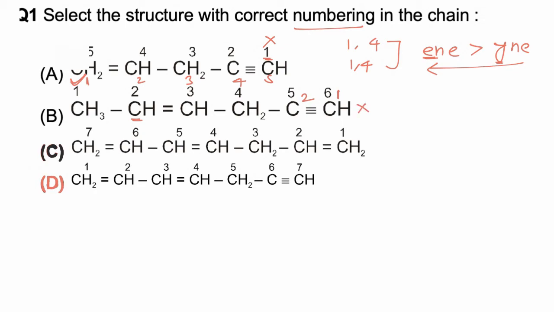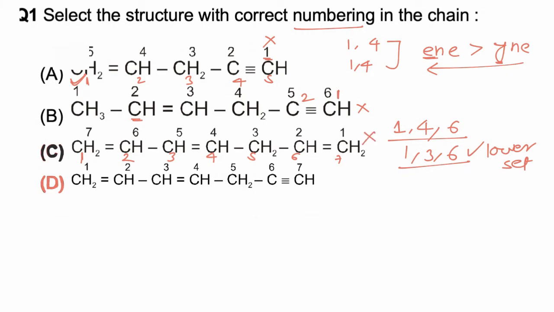In option C, if numbering is done from the right end, then the positions of the multiple bonds are 1, 4 and 6. If numbering is done from the left side, then the positions are 1, 3 and 6. Now 1, 3, 6 is a lower set compared to 1, 4, 6. So numbering should start from the left end. So this is also not correct.